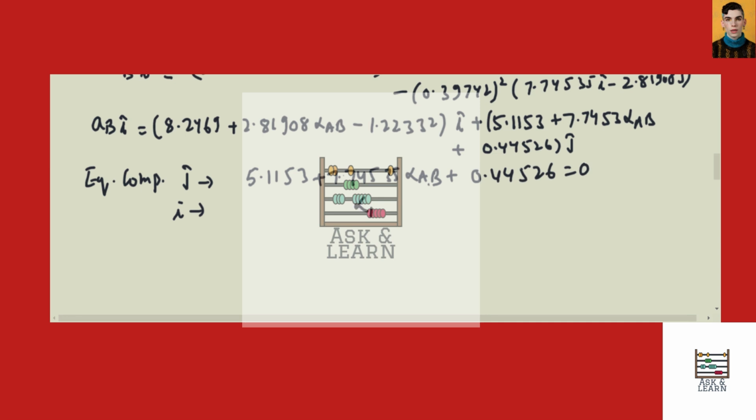So alpha AB you will get minus 0.71792 radian per second square.